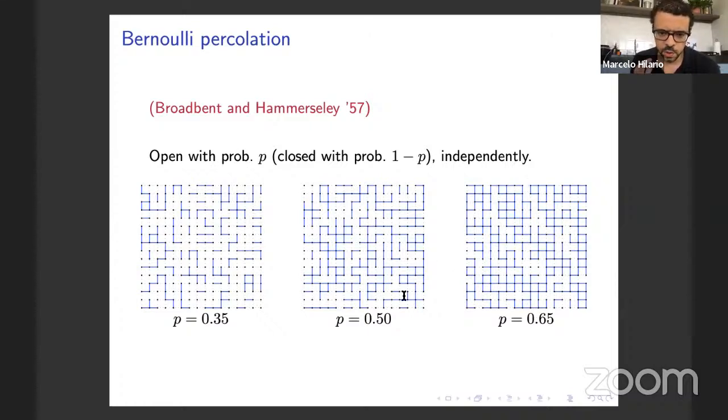In the middle, you have something in between that in principle may look a little bit like the one on the right. But if you check carefully, you're going to see that it's very fragile, in the sense that if you just switch the state of a few edges, or maybe one edge, you're going to change the fact, for instance, that there is a crossing from one side to the other.